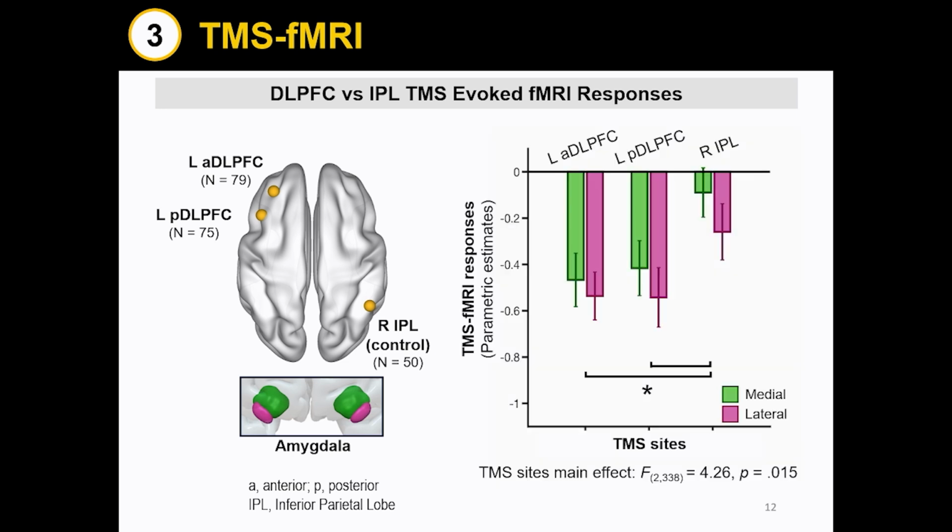The results showed a significant main effect of TMS site. Post-hoc analysis showed that both the anterior DLPFC and posterior DLPFC showed significantly higher TMS-evoked fMRI responses in the amygdala as compared to that following the TMS to the right IPL.